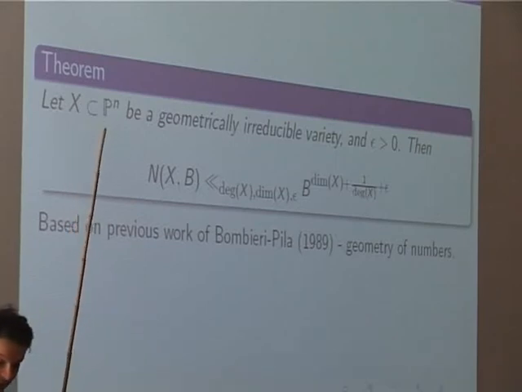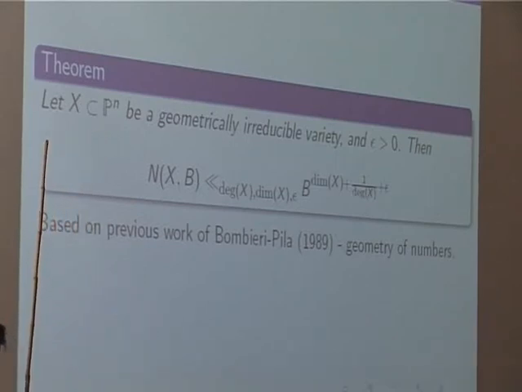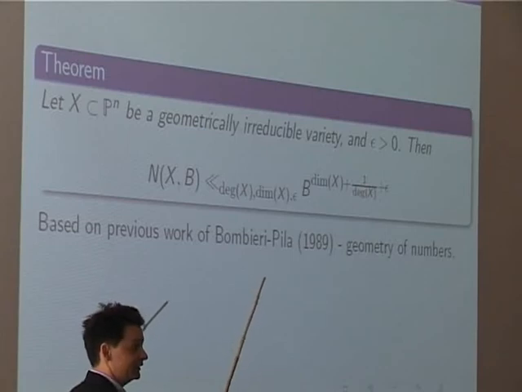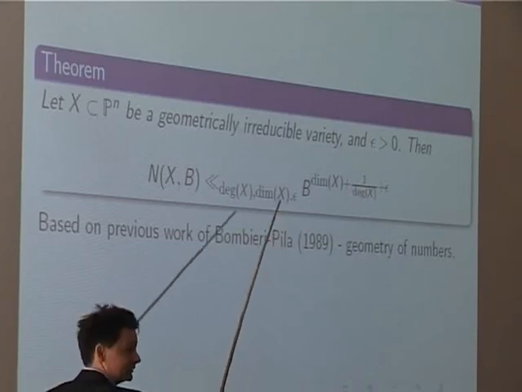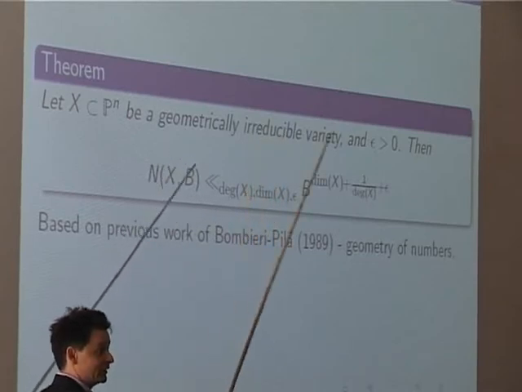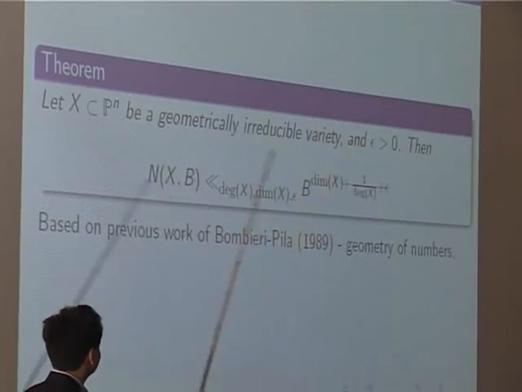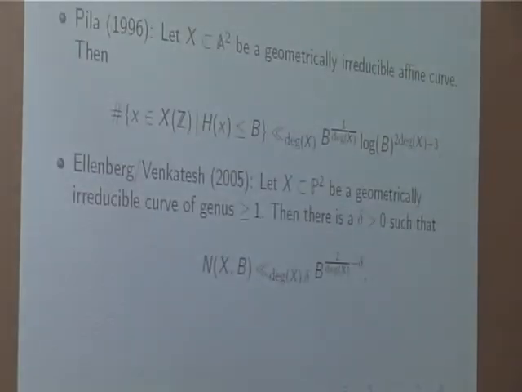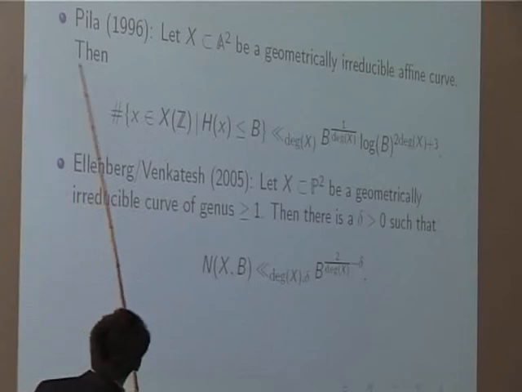And remember our heuristic, it was n plus 1 minus d, where d was the degree. So if the degree is bigger than 2, then certainly better than b to the dimension, right? If you're looking at hypersurfaces, say X in Pn, codimension 1.